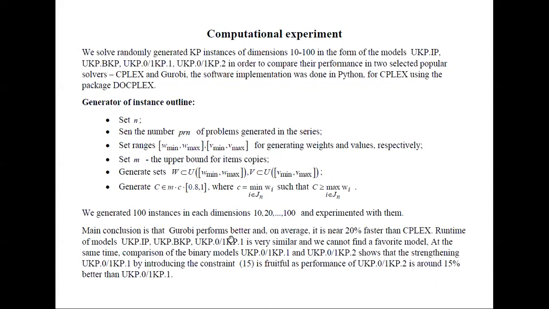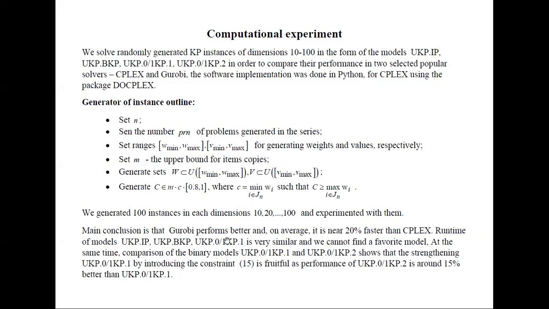But if we compare the last version, 1KP2, with 1KP1, then adding this additional constraint is fruitful and positively impacts performance. The performance improvement is around 15% compared to this one.